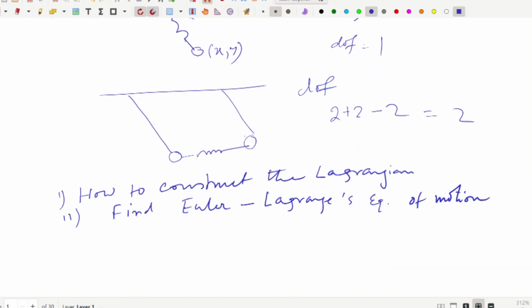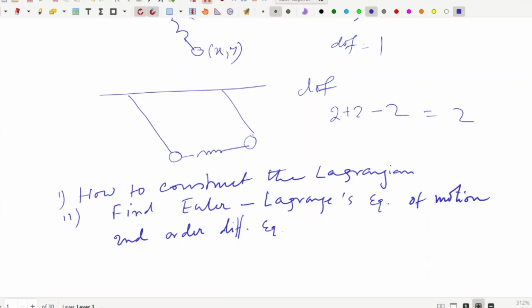These are generally second order differential equations, and one can find the solution of these equations to find the solution of the classical system. So you should practice with many different problems, whatever you have studied in high school or previous semesters, by constructing the Lagrangian now. You should be able to construct the Lagrangian and then find the equation of motion. So this is the recapitulation of the last lecture, which was a tutorial class.